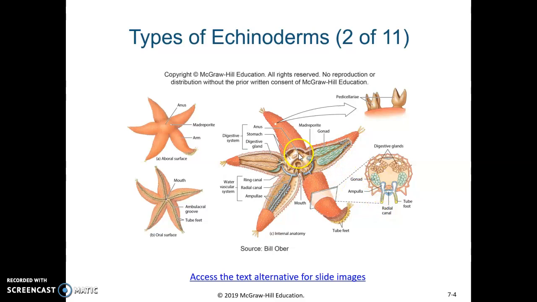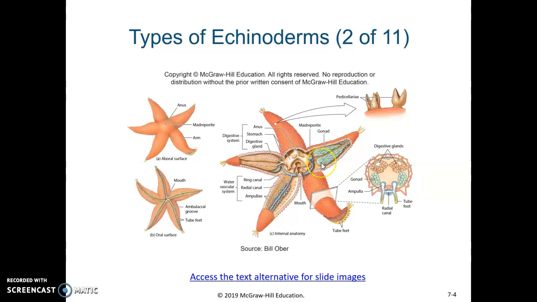If you look internally, here is all of their digestive system. That digestive system comes out through the mouth. When they find their prey, they then start the digestion, pull it back in, and then that digestive tissue extends out through the rays as well. And then notice they also have reproductive structures.